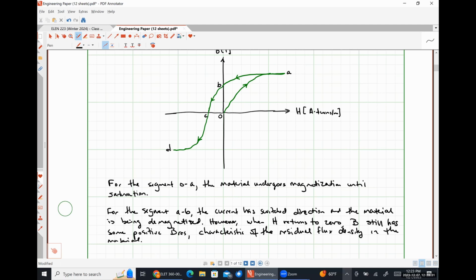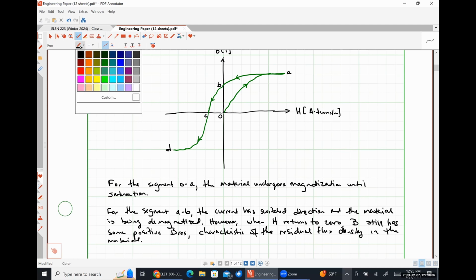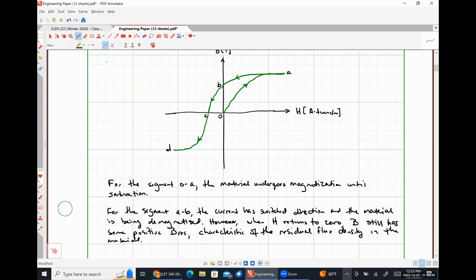So if they were from left to right earlier, now they're from right to left. And then if we increase our current or increase our H field, the curve just repeats itself in the other direction. Like so. And it's going to cycle like this over and over and over again.